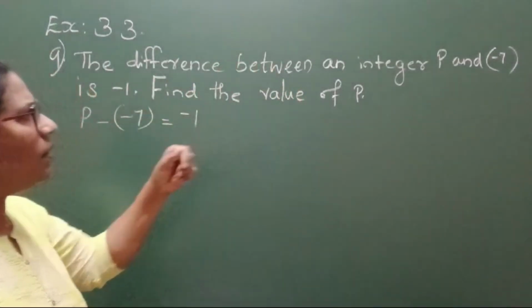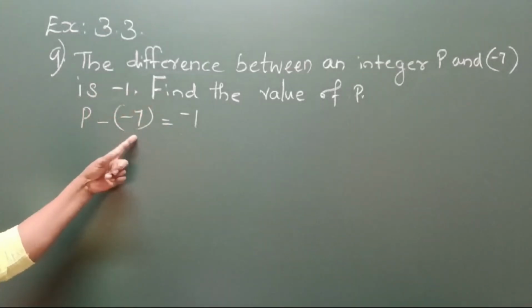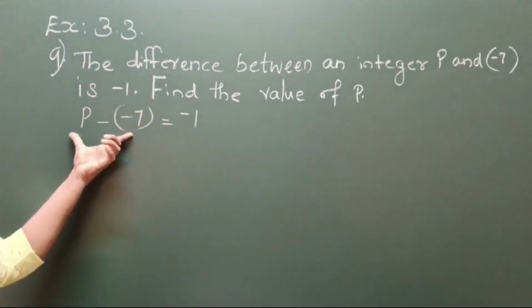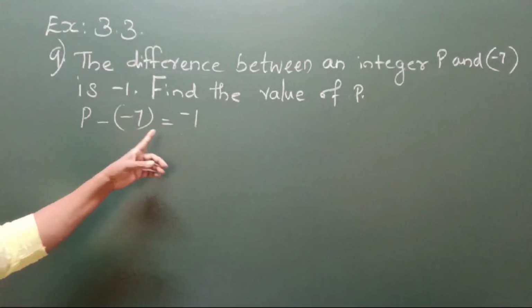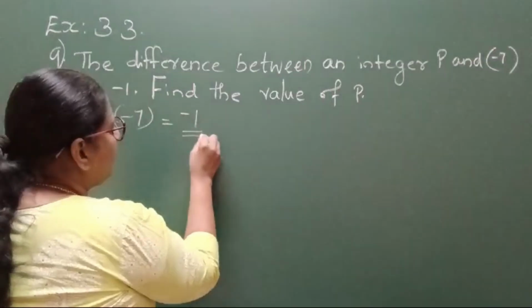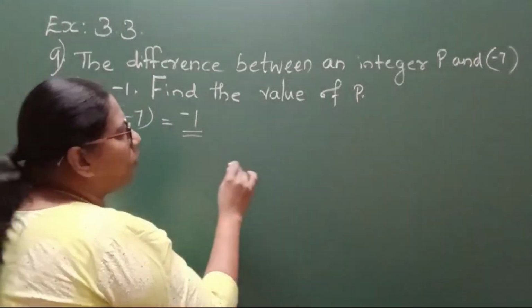Difference between an integer p and minus 7. Here the sign is given. Difference between these two integers is minus 1. It is very easy for us to find out if both the integers are positive.